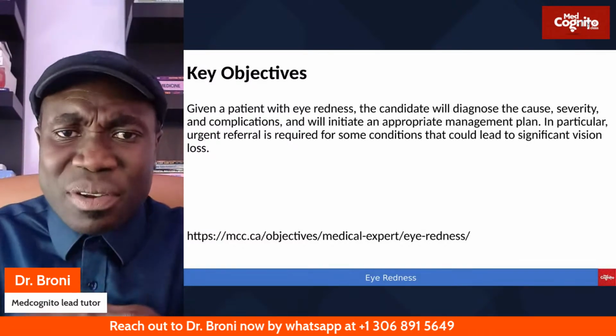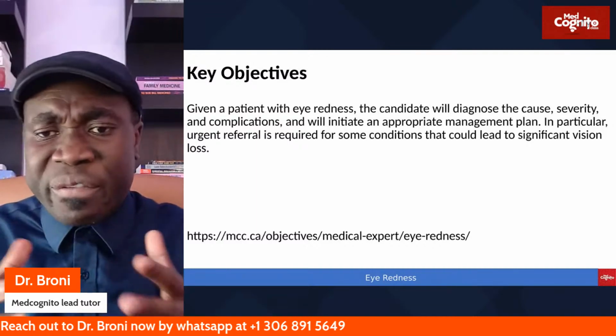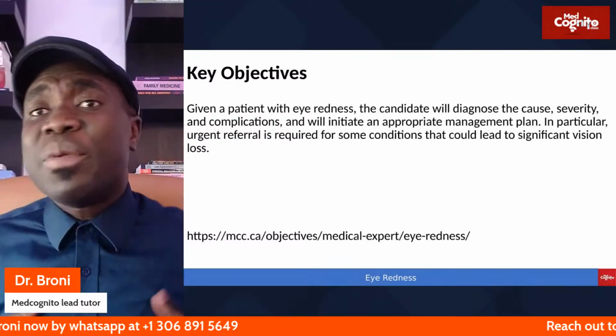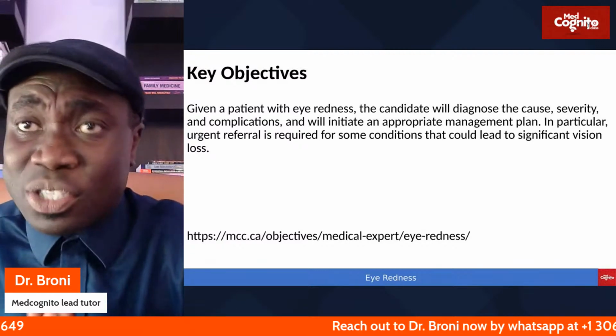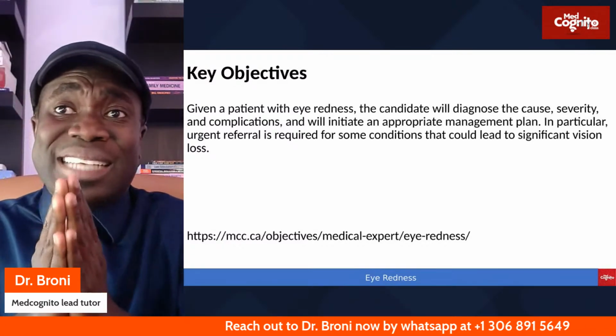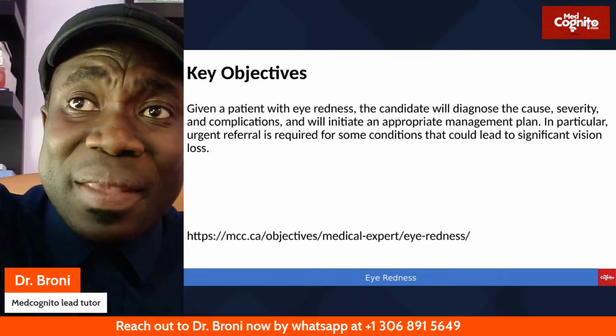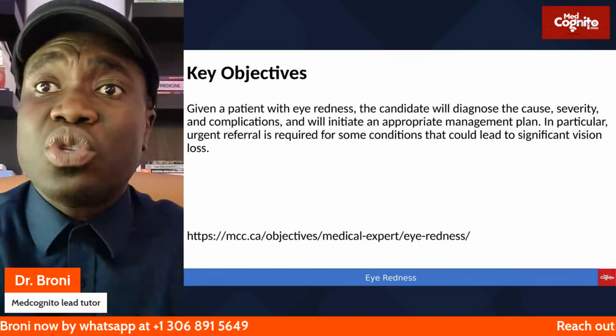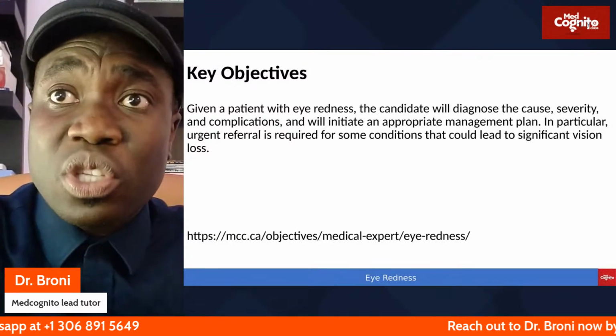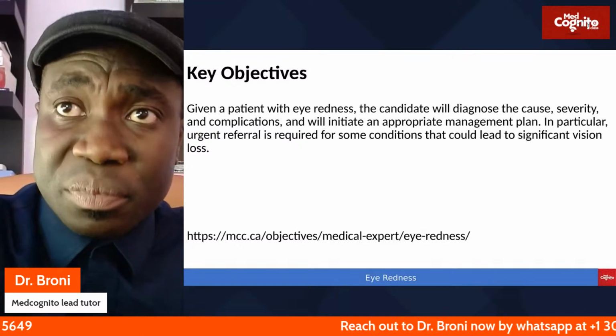In particular, you must know when you are going to refer patients with red eye. Because for many of us, it's, oh, this is red eye, let's get some antibiotics. No, there are some things which can really, really be detrimental. So you want to pay attention to that.